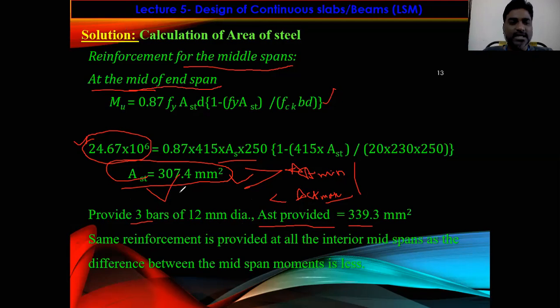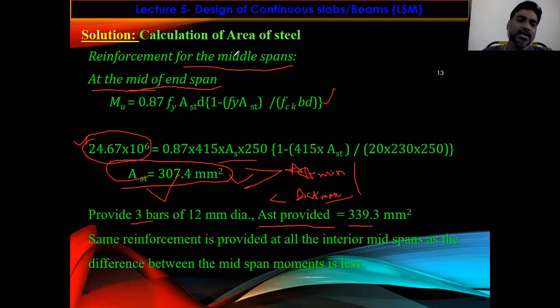Similarly, you need to calculate for the other interior midspan. This was for the middle of the end span. Similarly, you need to calculate the tension reinforcement required corresponding to the middle of the interior span.